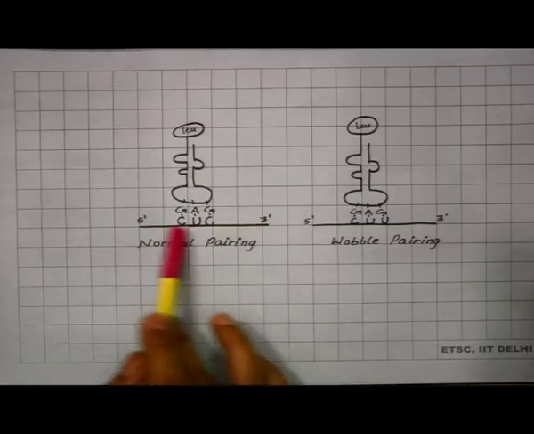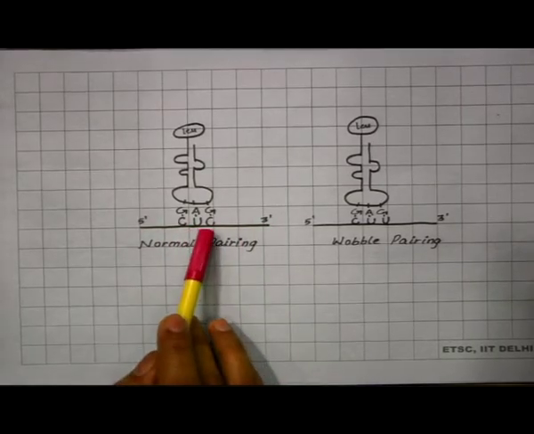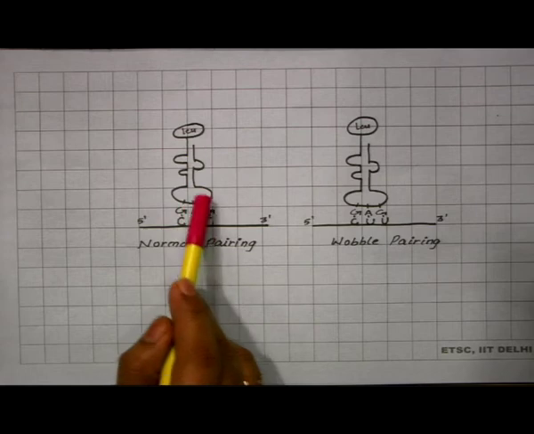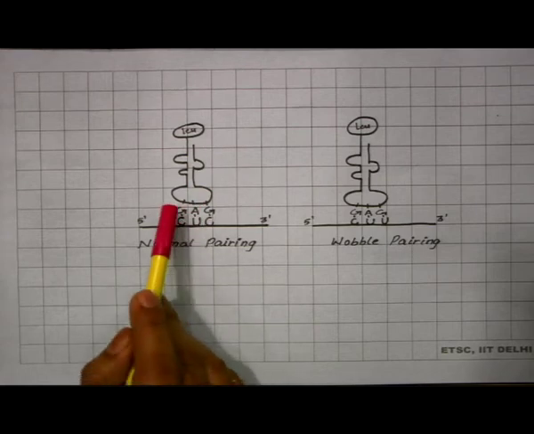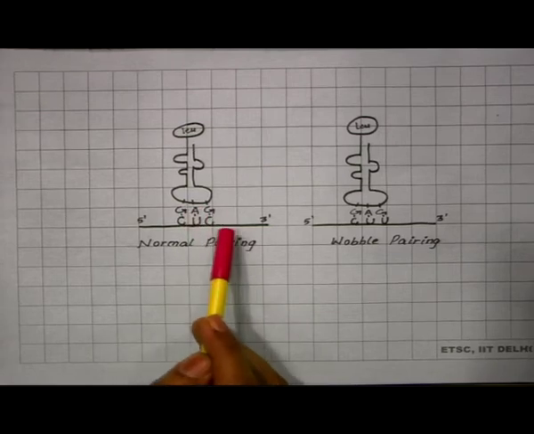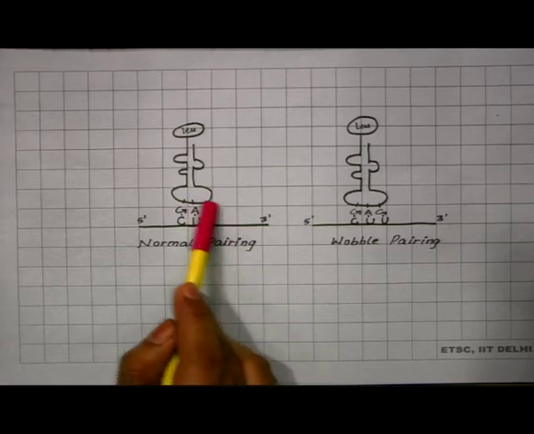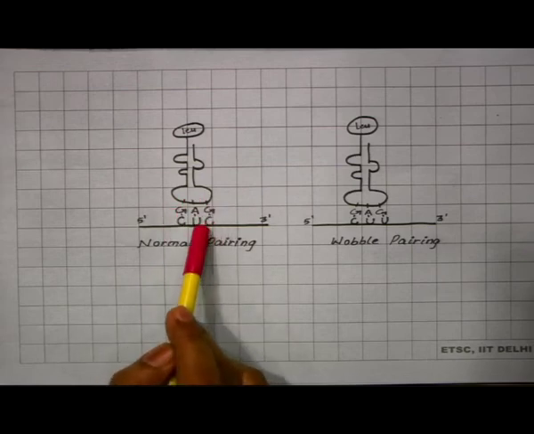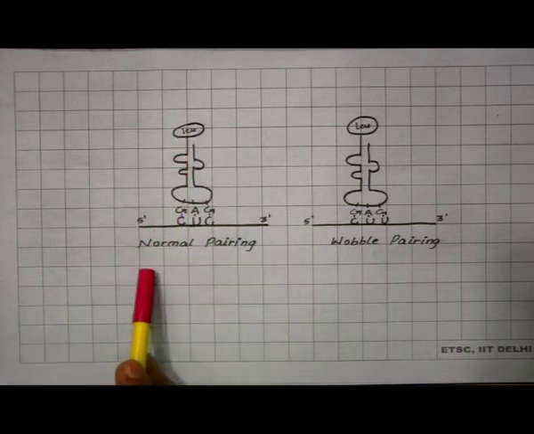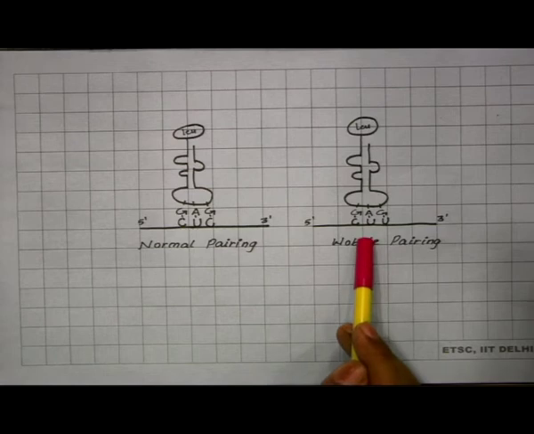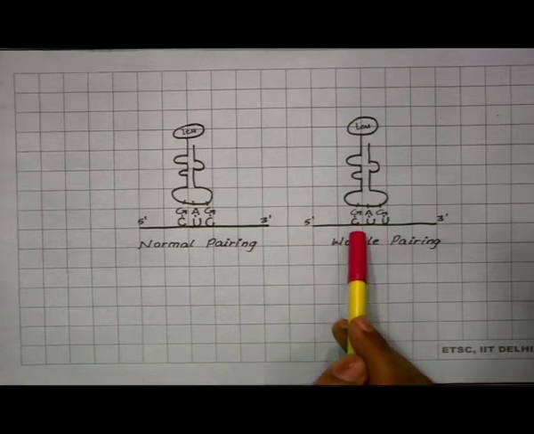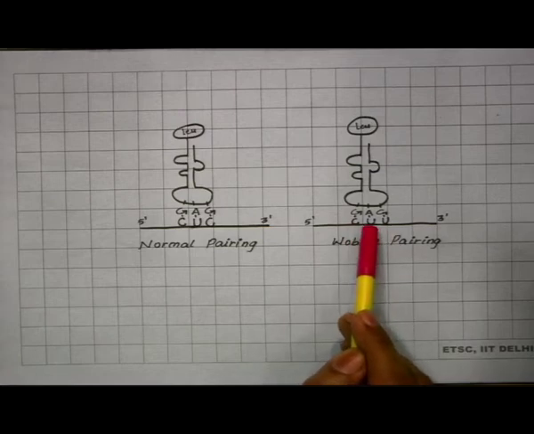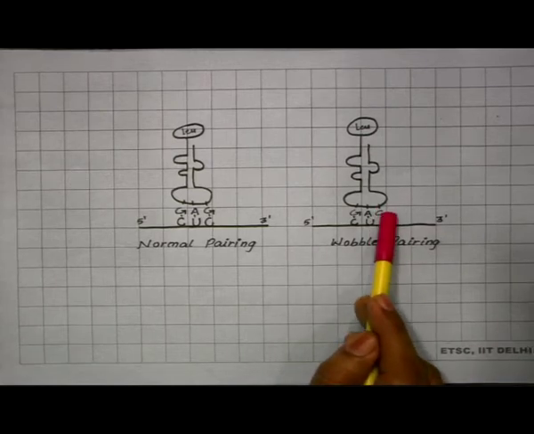Suppose a messenger RNA has CUC as the codon. In transfer RNA, in the anticodon loop, the complement of C is G, the complement of U is A, the complement of C is G. So, a GAG anticodon loop will be there in transfer RNA, and accordingly it will code for leucine. But in wobble pairing, you can see over here in messenger RNA the codon is CUU, and for this CUU the anticodon GAG is there.